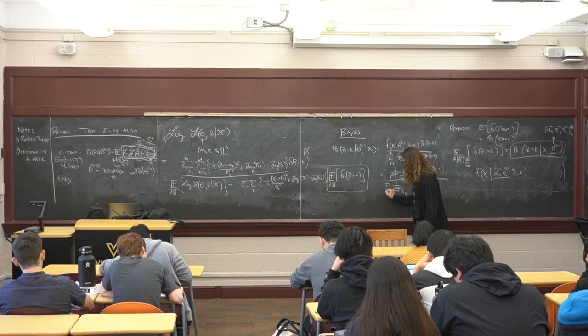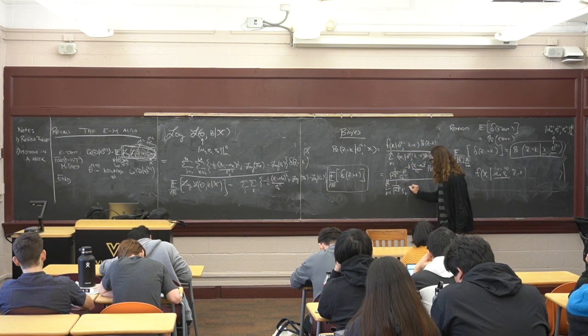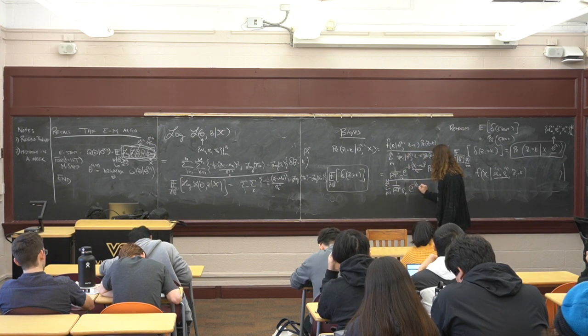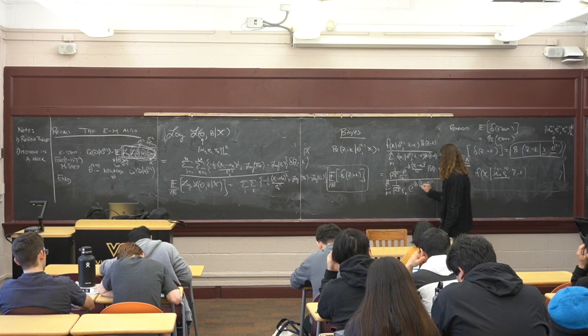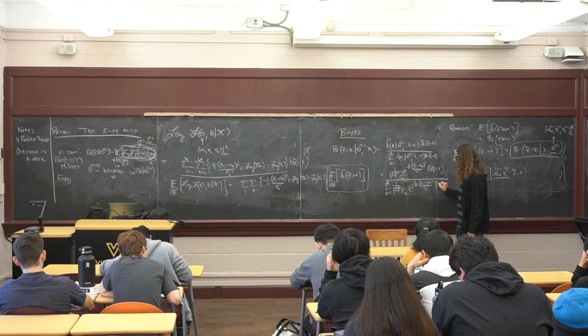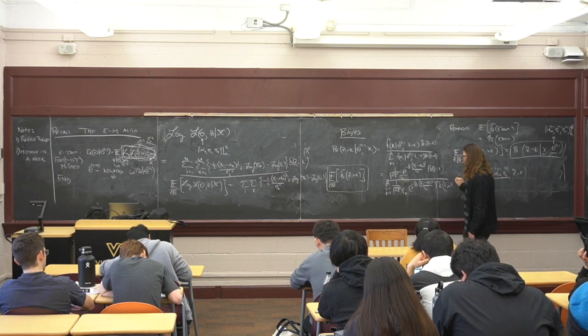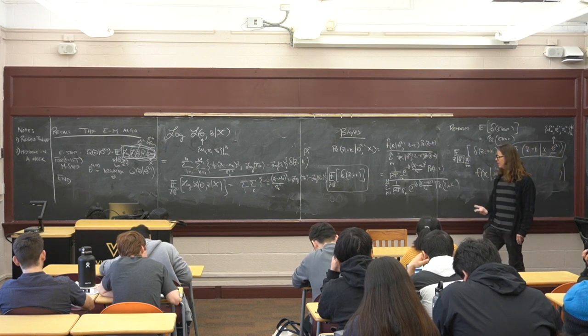Then e to the minus 1/2 xi minus mu k squared over sigma k squared, times the probability zi is equal to k. That's Bayes' theorem. I just take the density function and plug it in.